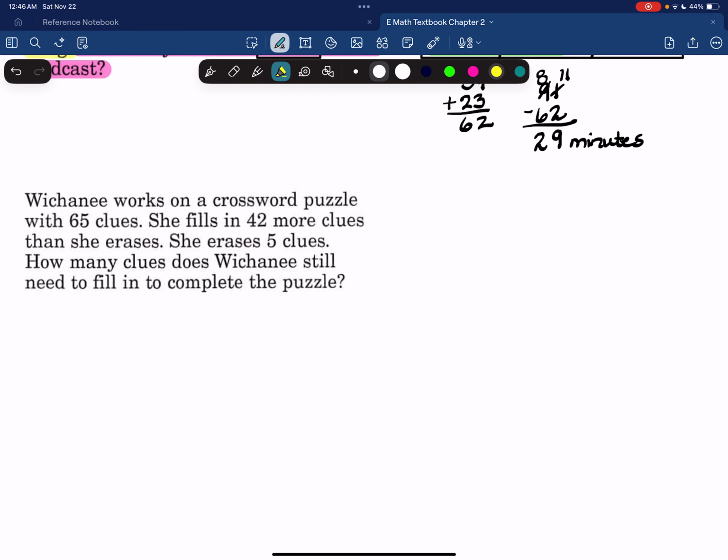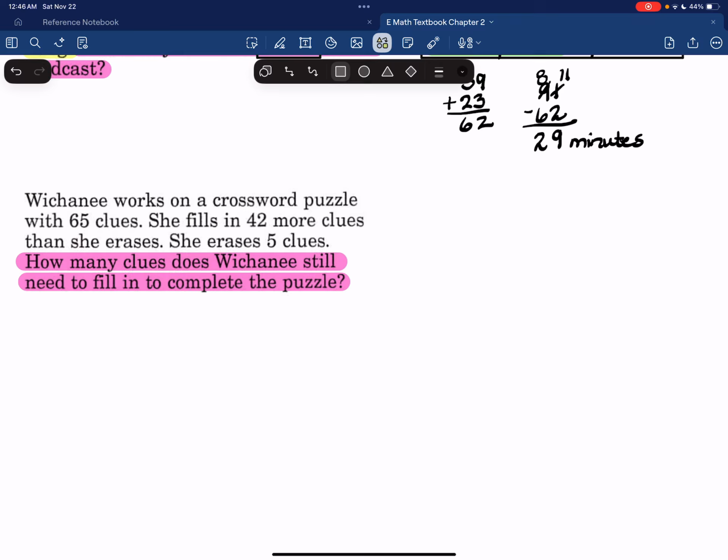The question, how many clues? Sorry, that's not the total, that's the unknown. How many clues does Whitney still need to fill in to complete the puzzle? So the unknown in this question is how much she still needs to do.